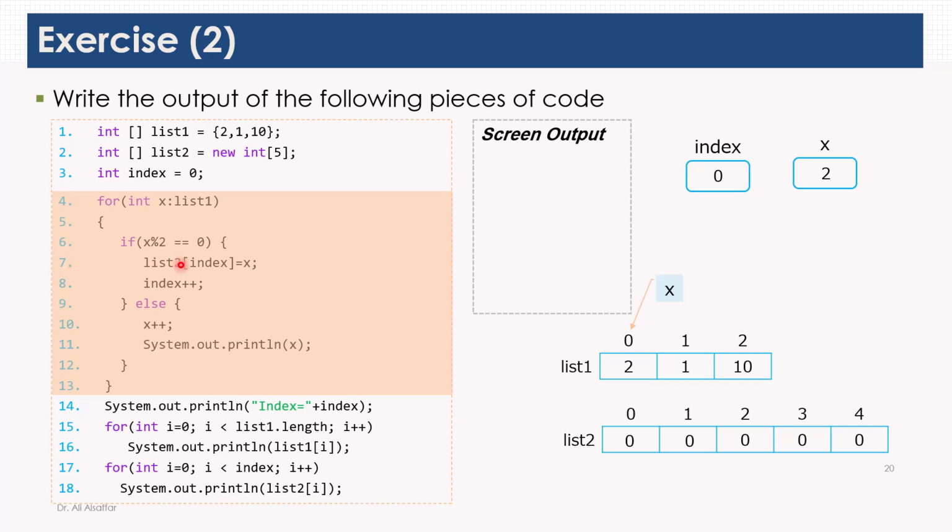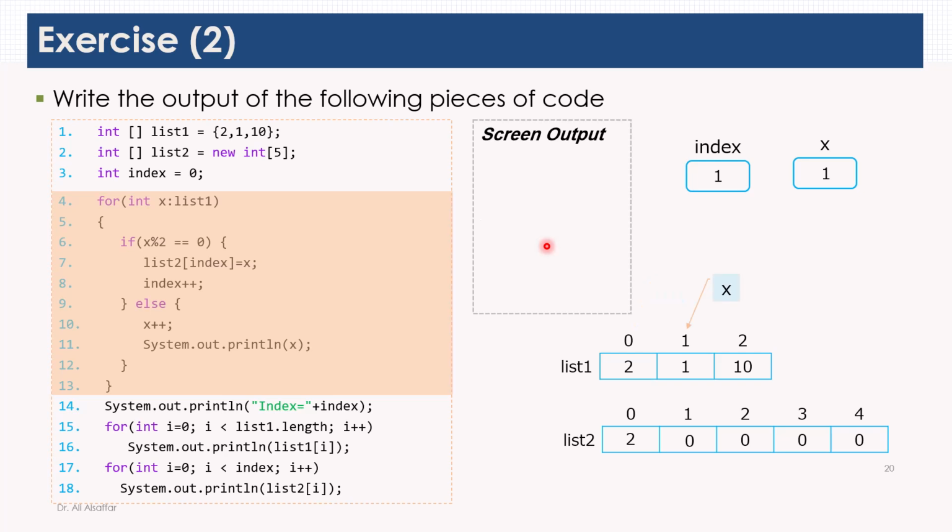In line 7, we are moving the value of x, which is 2, into array list 2, at index, the value of index. The value of index is 0. So in fact, we are moving 2 into the first element of array list 2. In line 8, we are increasing the value of index, and index was 0, now it will become 1.